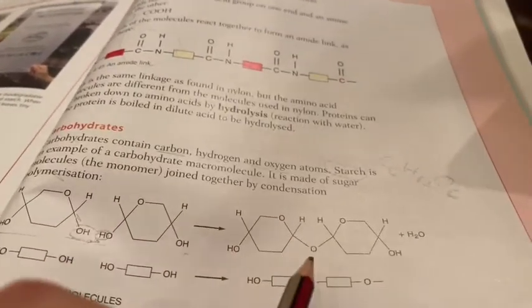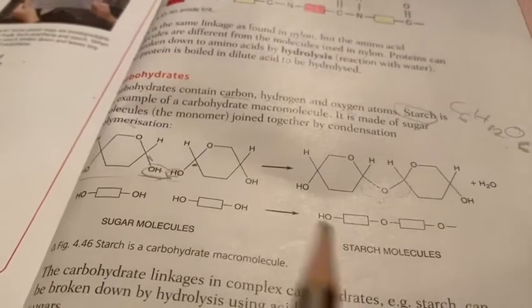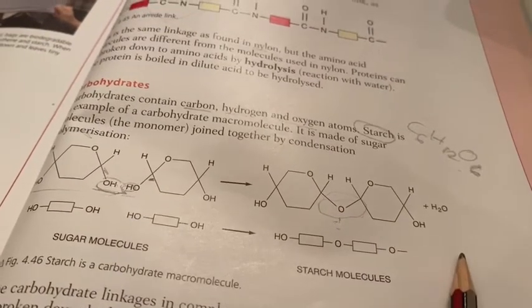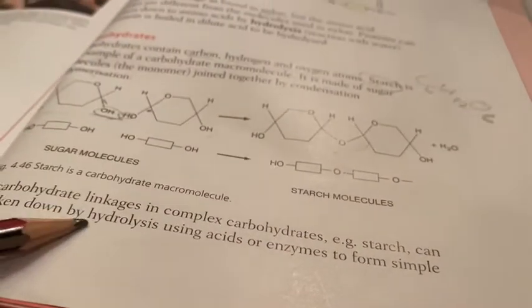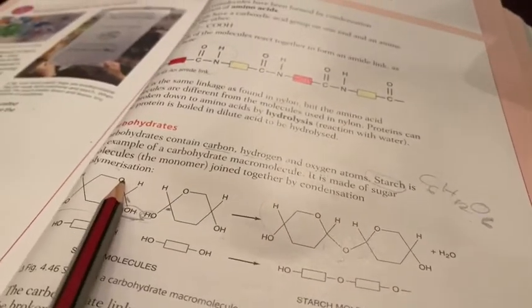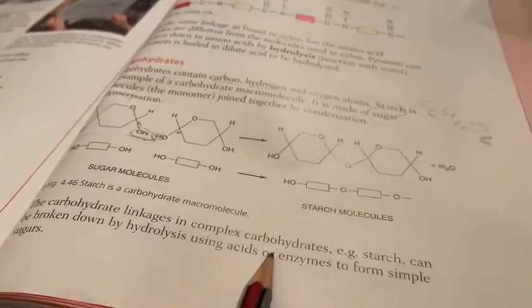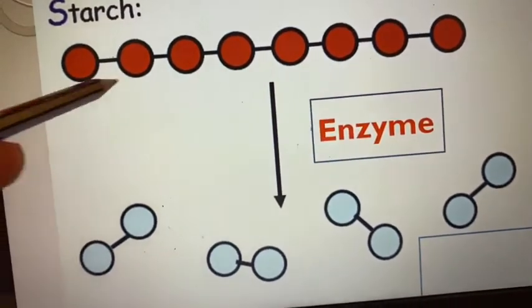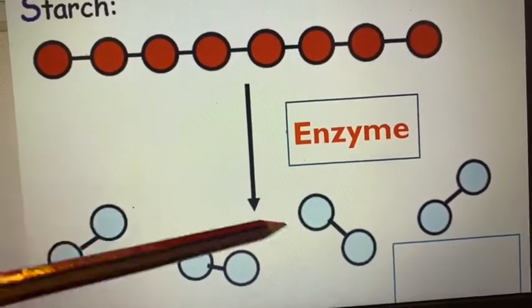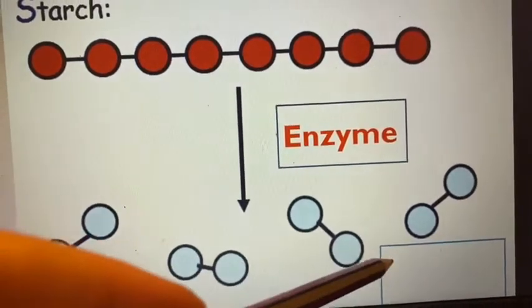And what will happen is that this link will attach to O. And this carbohydrate linkage also can be hydrolyzed exactly like proteins. They can add water to produce this monomer. We can make this reaction go back to its origin. Okay, so also we can hydrolyze them by enzymes. You have it here. Starch can be hydrolyzed by adding enzymes into their basic units.